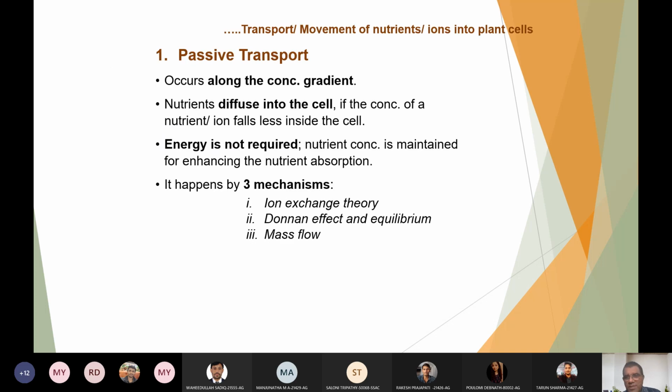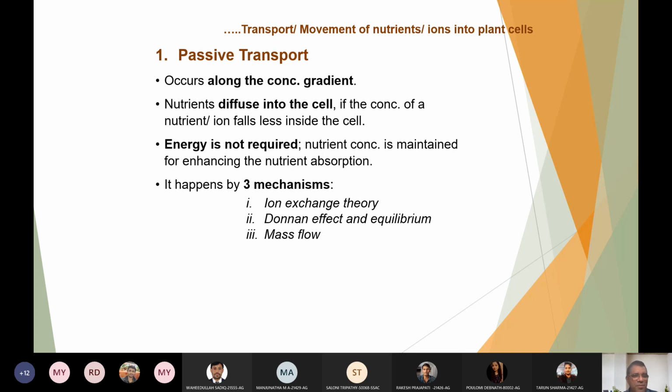So now we see passive transport occurs along the concentration gradient. Along means from higher concentration to low concentration. So nutrients diffuse into the cell through the cell membrane if the concentration of a nutrient or ion is less inside the cell. Energy is not required.